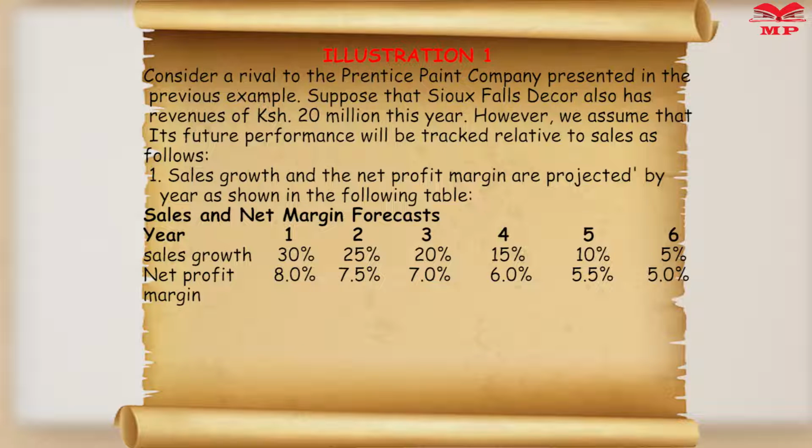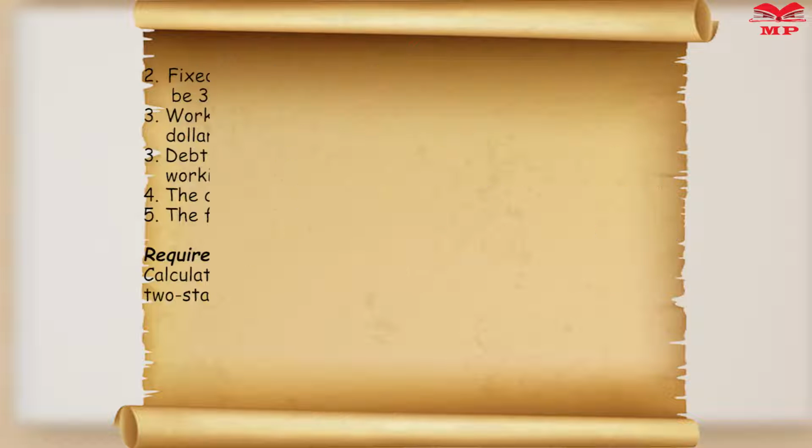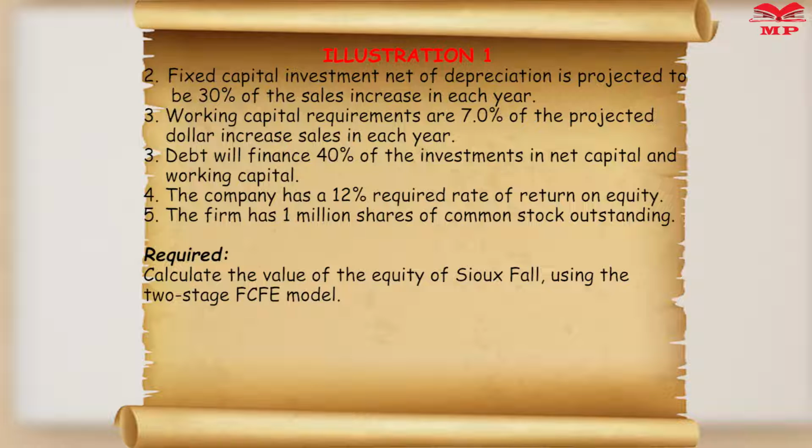Consider a company which has revenues of 20 million this year. We assume that its future performance will be tracked relative to sales as follows. Number 1, sales growth and net profit margin are projected by year as shown in the table below. Note 2, fixed capital investments net of depreciation is projected to be 30% of the sales increase in each year.